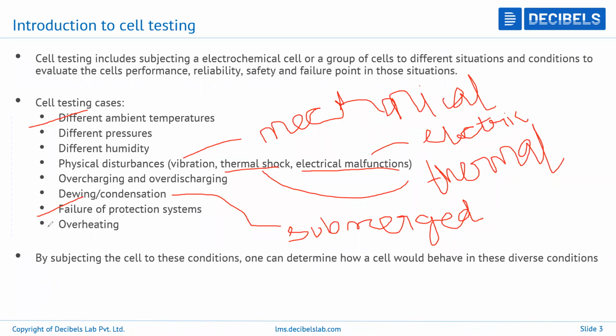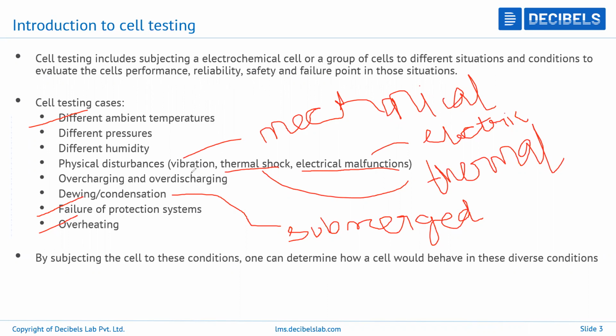Yeah. And then finally we come to overheating, right? This is where the cell is experiencing extremely high temperatures above and beyond its safety limit, right? So by subjecting the cells to all these different scenarios and conditions, one can understand how a cell would behave in these situations. Yeah.